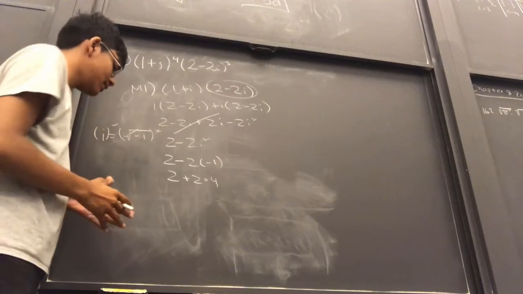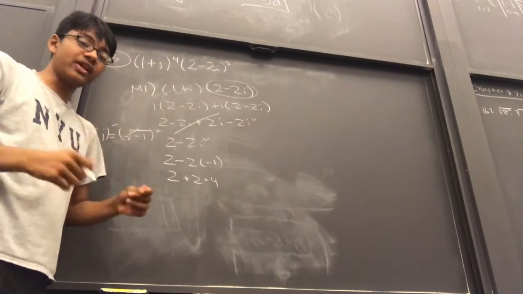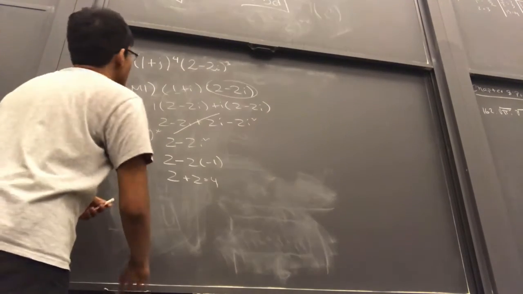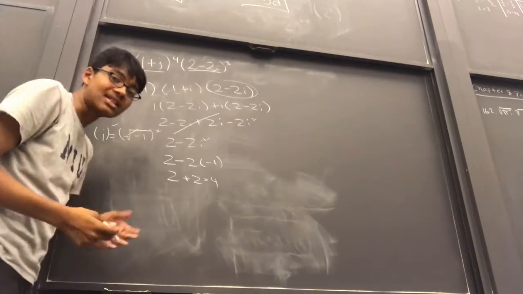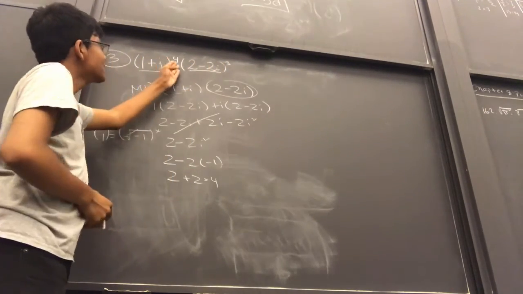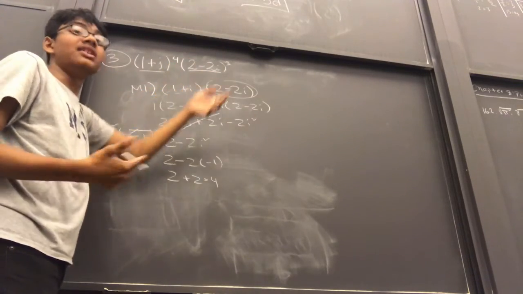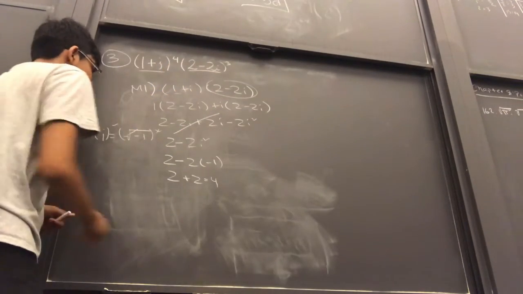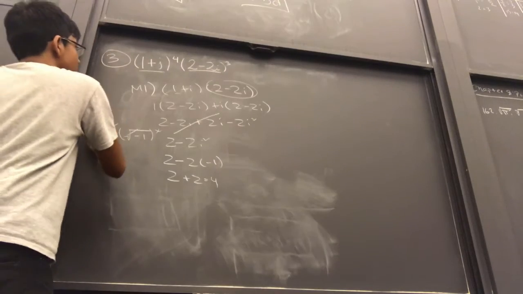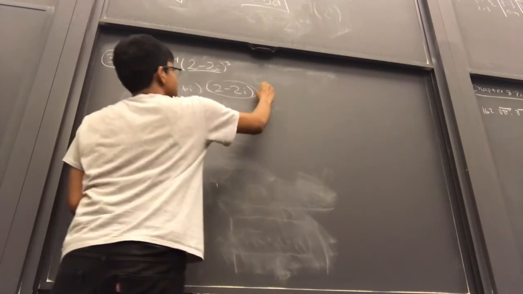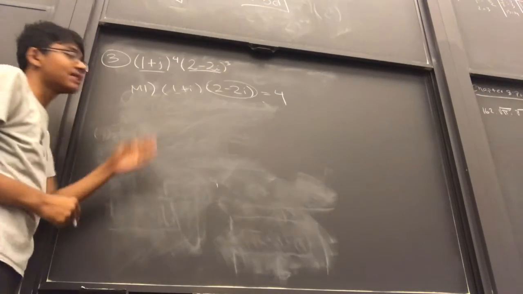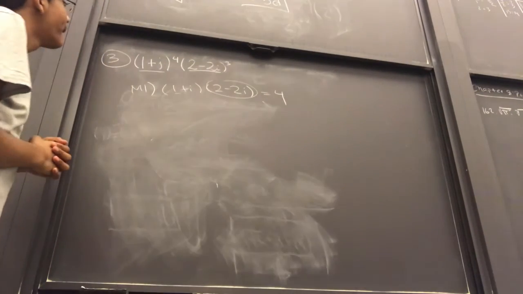Now we can solve this problem much faster, because we know that the product of this term and this term is simply 4. They're just multiplied by each other a different amount of times. So let's use that to our advantage. So we know that this whole thing is going to have a product of 4.